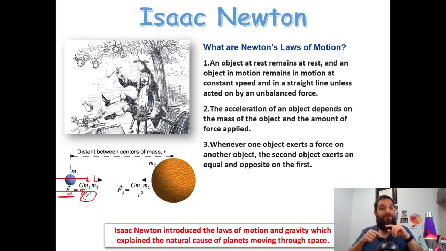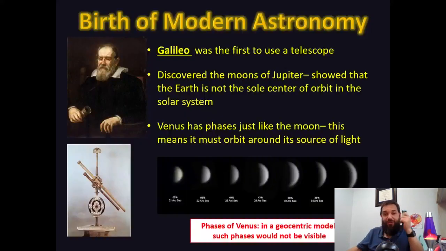You can't figure out Newton's laws from Kepler's laws, but you can figure out Kepler's laws from Newton's laws. Or did I say that backwards? I'm sorry, but it's just amazing science. So anyway, Isaac Newton's big contribution: the law of gravity, and explaining why planets move the way that they do.